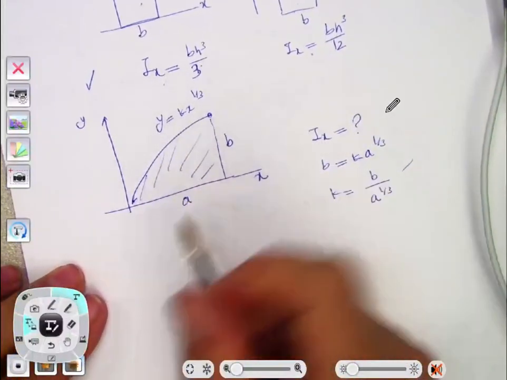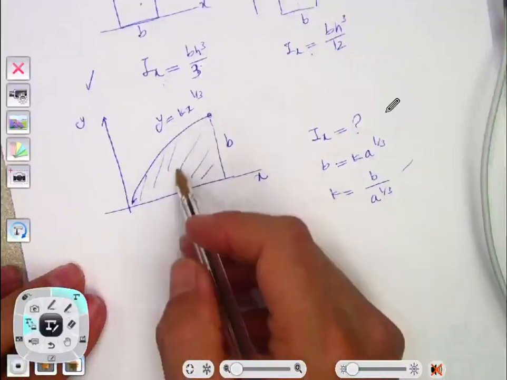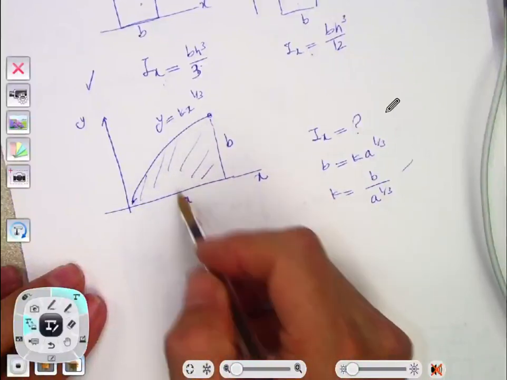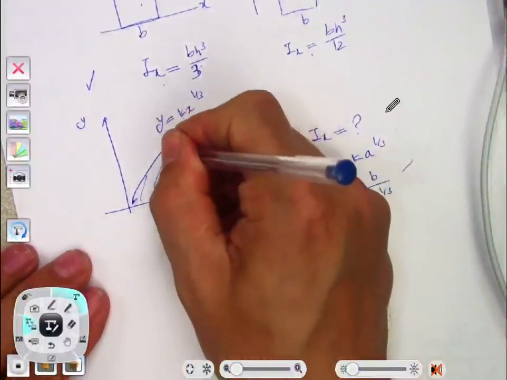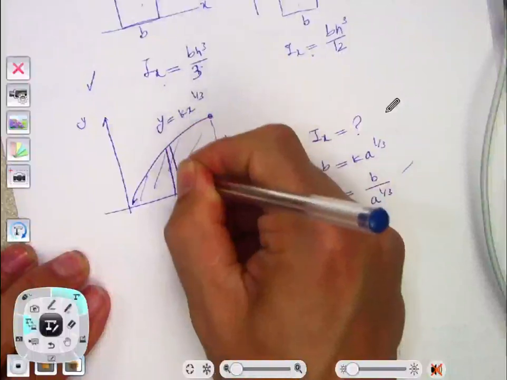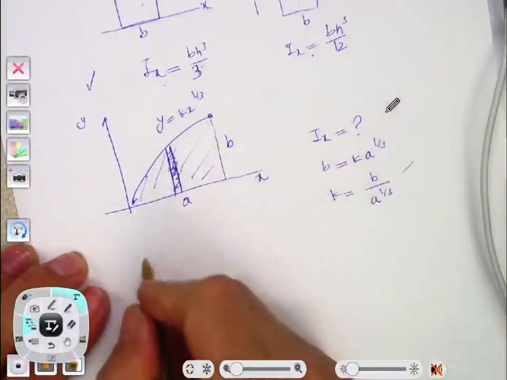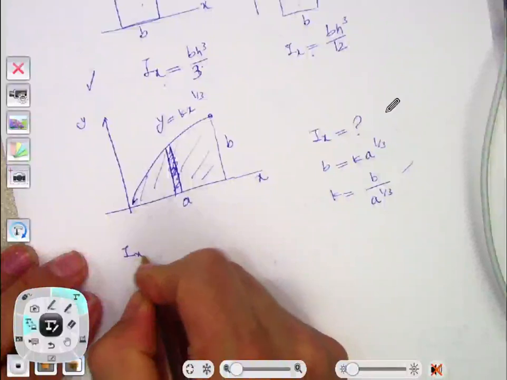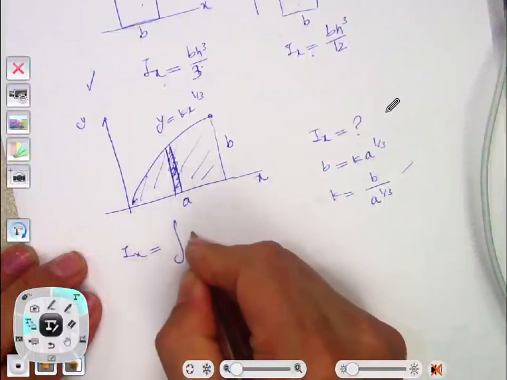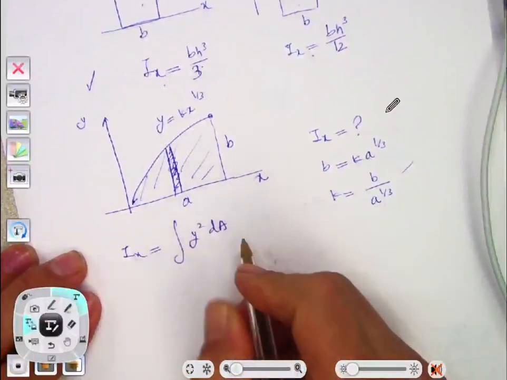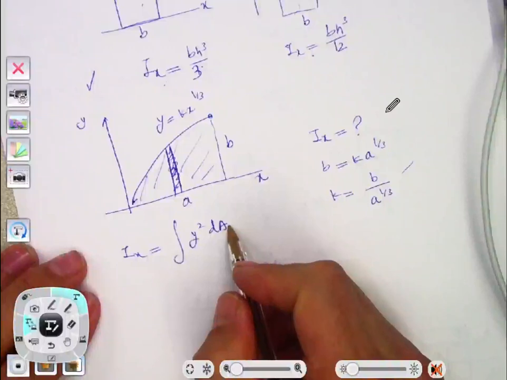So I want to find the moment of inertia about the x-axis. Let's take a differential element like this.